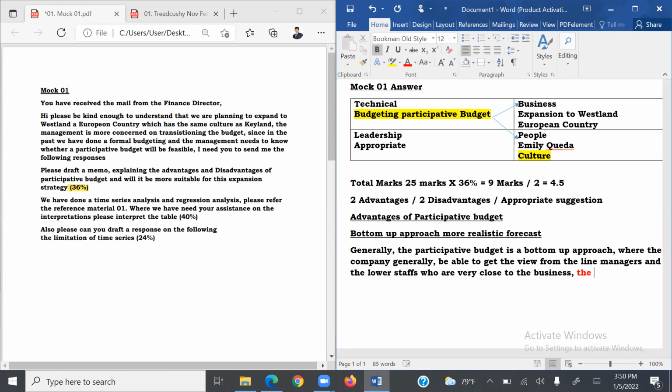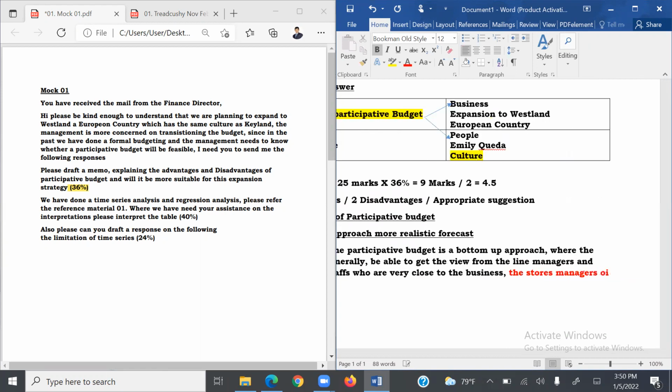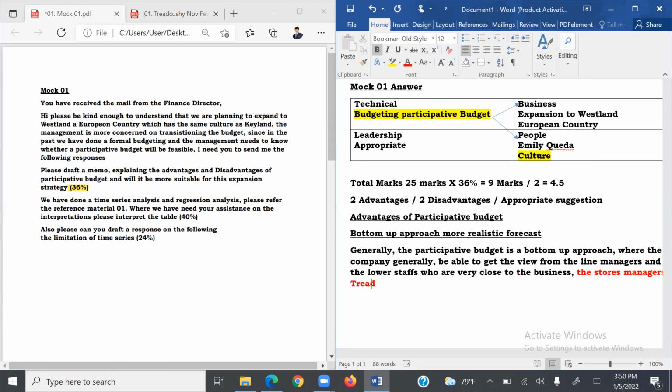The store managers in Red Cushy will have access to direct consumer feedback, and people will always share their personal experience.